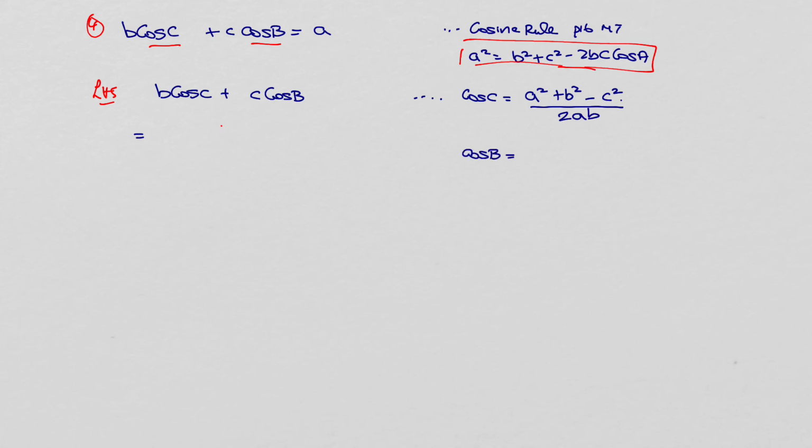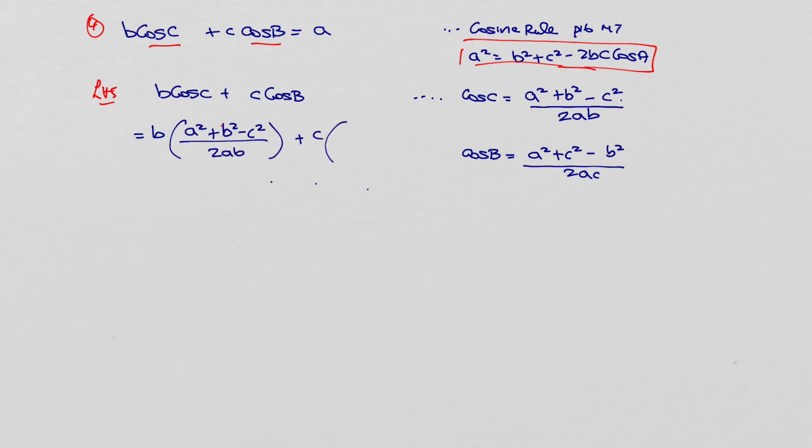Cos b will equal a squared plus c squared minus b squared all over 2ac. So I'm going to replace this cos c with what I've just written on the right-hand side: a squared plus b squared minus c squared all over 2ab, plus c times, and instead of cos b, a squared plus c squared minus b squared over 2ac.